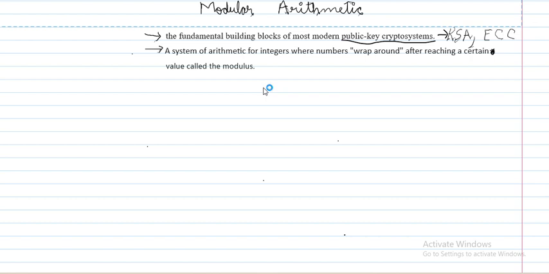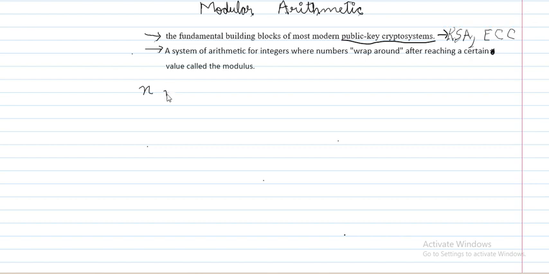So the basic idea is, suppose n is any positive integer and a is any integer.